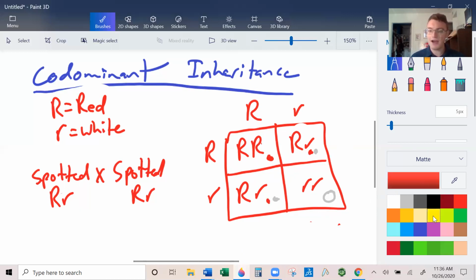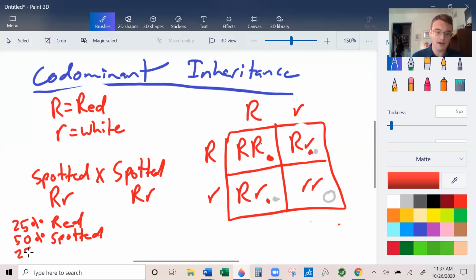So then I would write out my phenotypic ratio as 25% red, 50% spotted, red and white spotted. I would write that out, but for sake of time, I'm not going to. And 25% white.